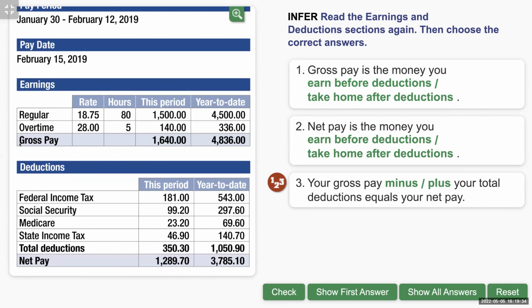Net pay is the money you take home after deductions, and it's down here below. Your gross pay minus or plus your total deductions equals your net pay. You tell me which one it is: your gross pay and net pay, is it plus or minus?